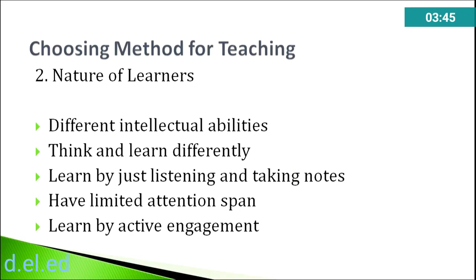After content, the other thing which helps us in deciding the teaching method is the nature of the learner. Different learners learn differently, and the level of learning also depends upon their age group. If I am deciding about a method for class 3 students, it may be different from class 5 children. So the teaching learning method depends upon the intellectual abilities of the learner, how they think, and their age group.